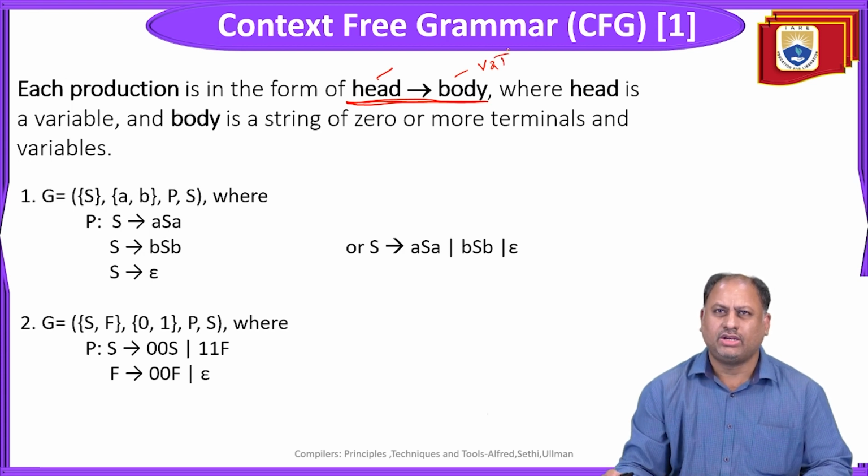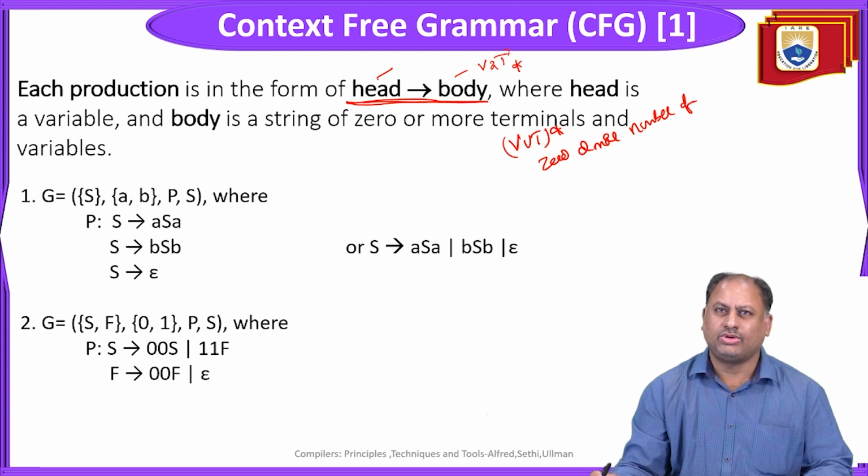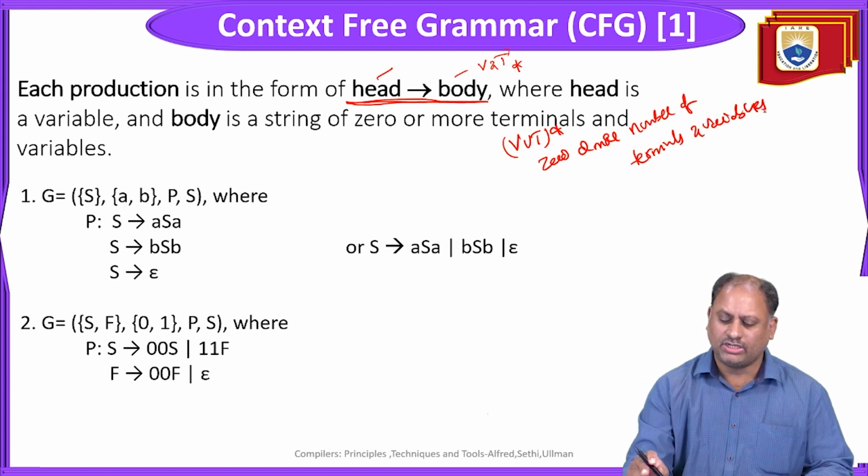It may not contain terminals, that's why it is written as (V union T) star, that means 0 or more terminals and variables. Let us see an example of this.